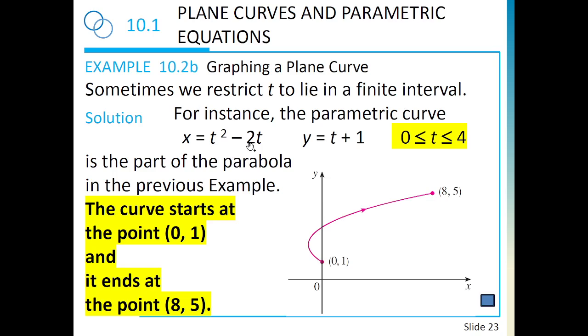For t equal 1, x is -1, y is 2, so we are here. Then t equal 2, we get x equals 0, y equal 3, so a point here. So again we get just one part of the curve. So it's important to always check the restrictions on t. So in this situation we have a starting point and end point because t is living in an interval.